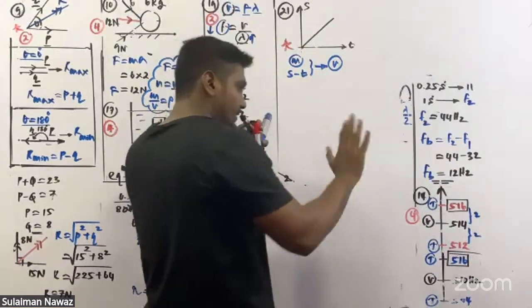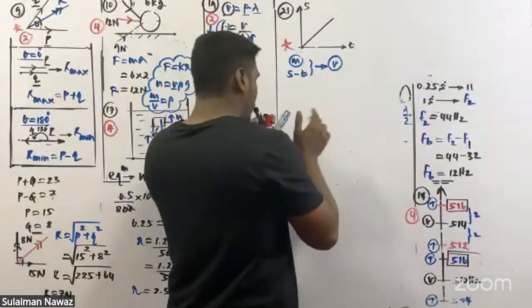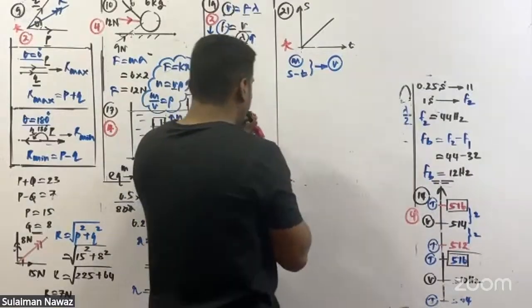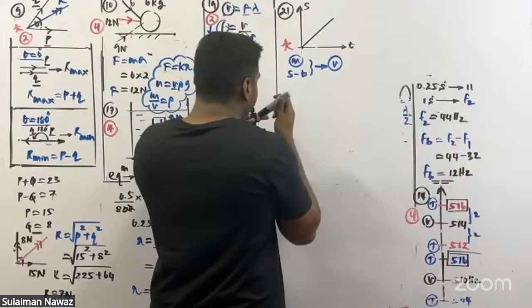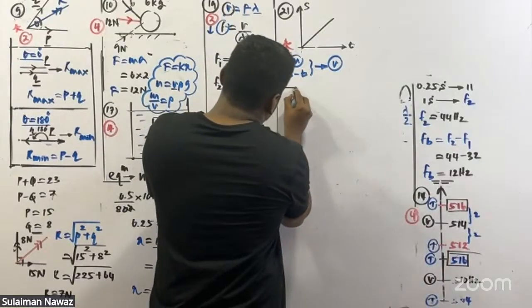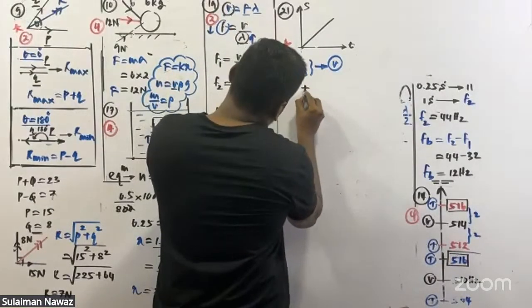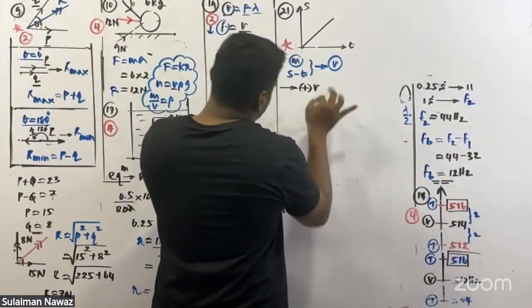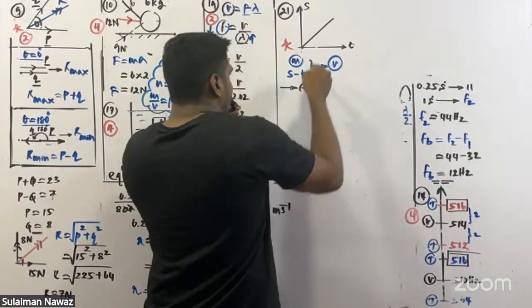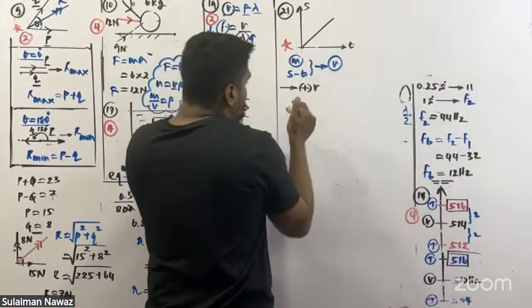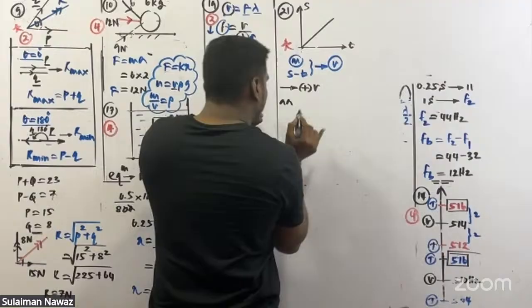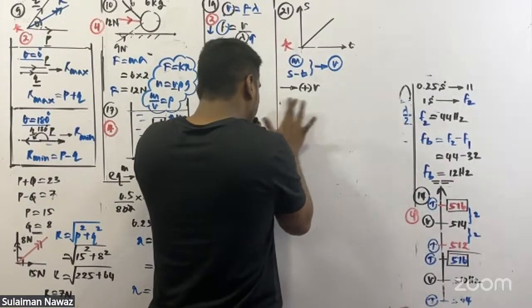Now the right side direction: remember, we normally consider the right side direction as positive velocity. That means the gradient is positive, because gradient is velocity.